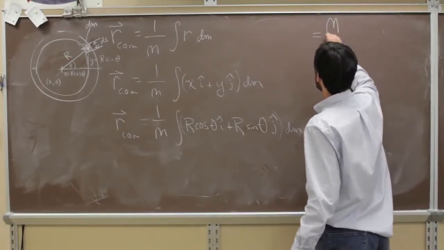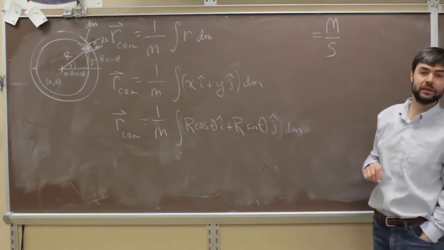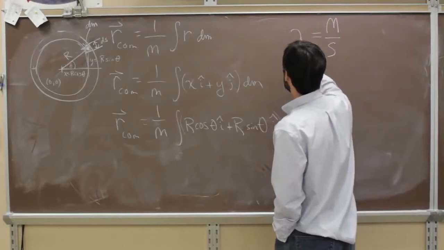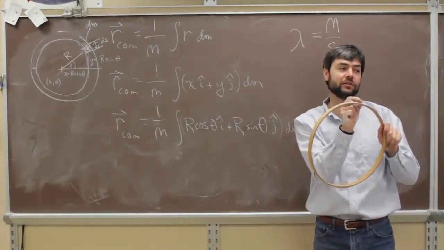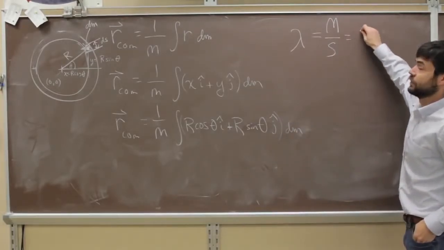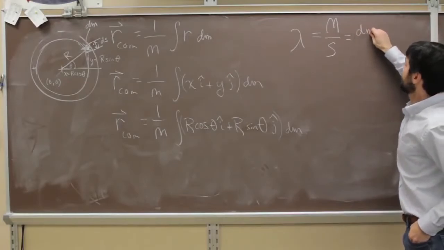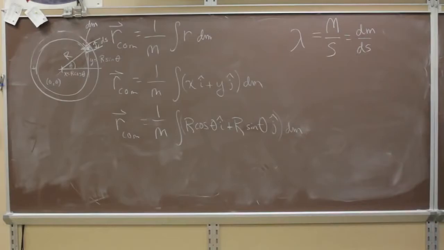So it's going to be m over s. And what symbol do we use to represent density? Lambda. And if we took a little tiny chunk of this, for a little tiny arc length, that density would be the same. So that's also equal to what? dm over ds. All right, good.